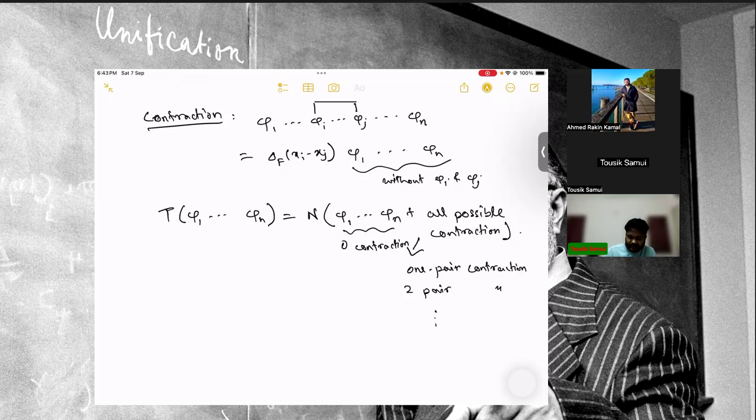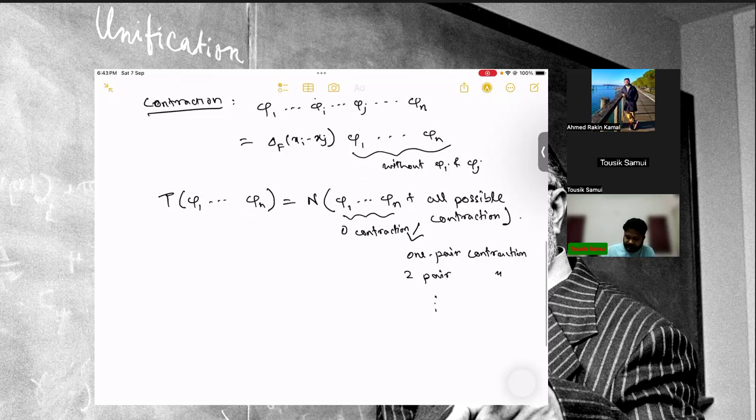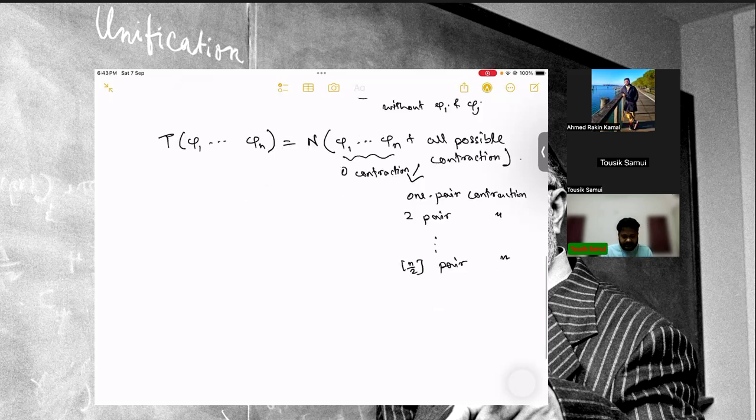If there are n fields, then up to n over 2 pair contractions. We saw an example with four fields last time that give rise to many contractions.